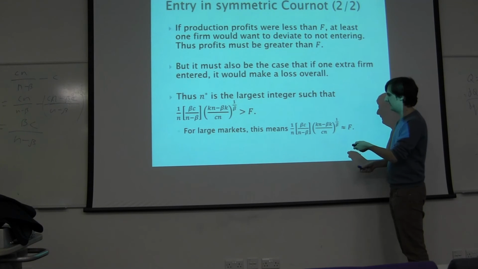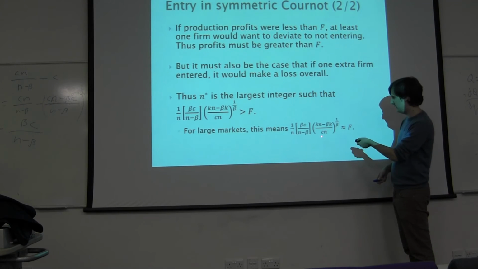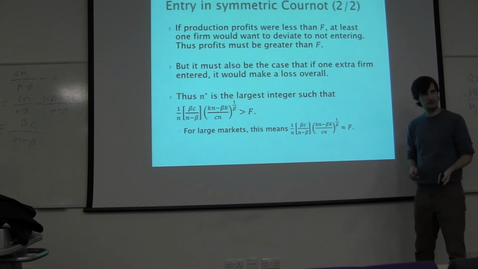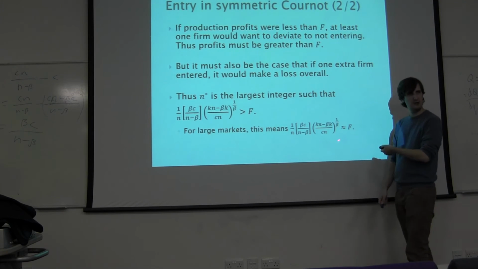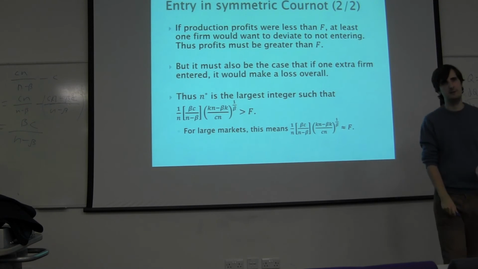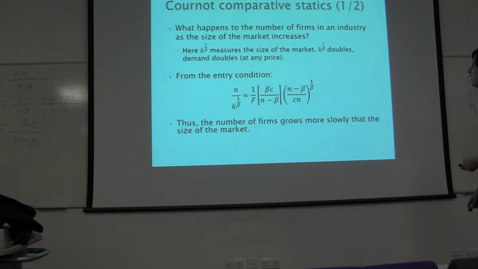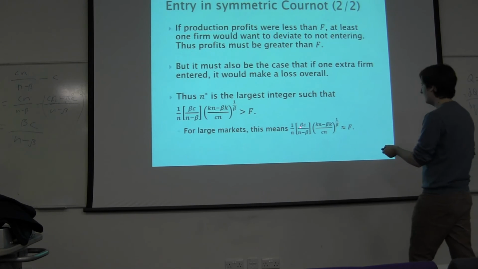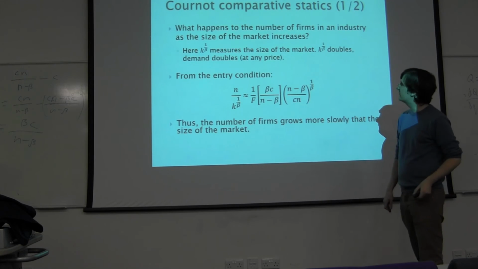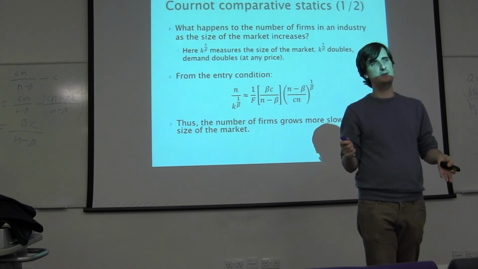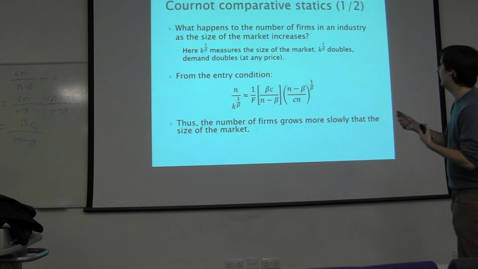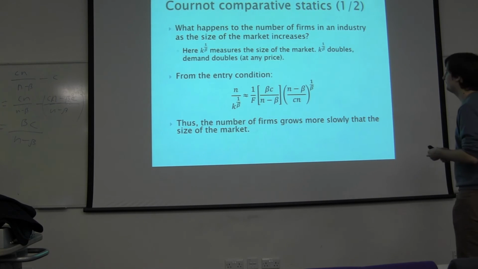Okay. So approximately profits, which is this term, is going to be equal to the entry cost. So the n that solves this equation, that's going to be the number of firms that enter the Cournot competition. Okay, so this is a slightly messy equation, but still we can think a bit about what's going to happen to the number of firms in the industry as other things change.